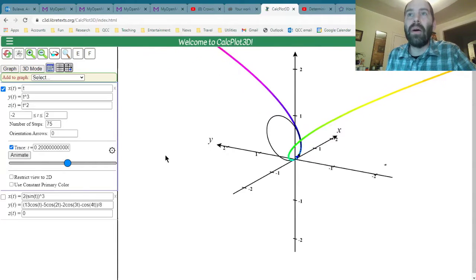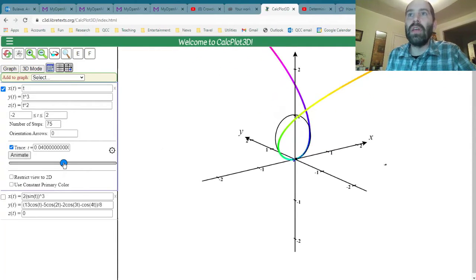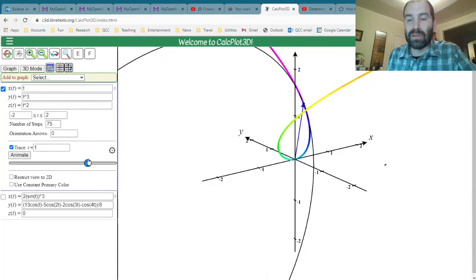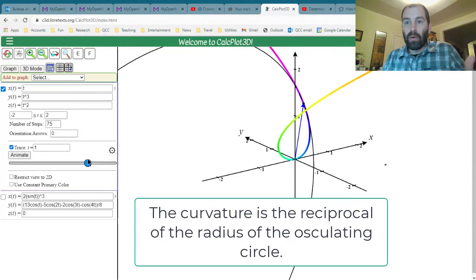And if I move out to the more flat region of the curve, where the curve flattens out, you can see the circle gets quite large. So the curvature is actually inversely proportional to the radius of the circle. In fact, we define the curvature to be the reciprocal of the radius. It's 1 over r. That's the curvature.